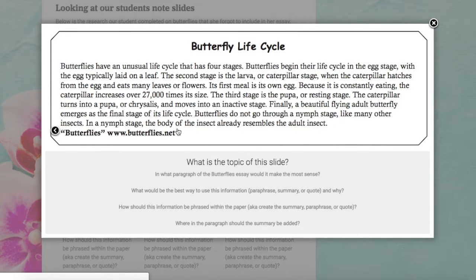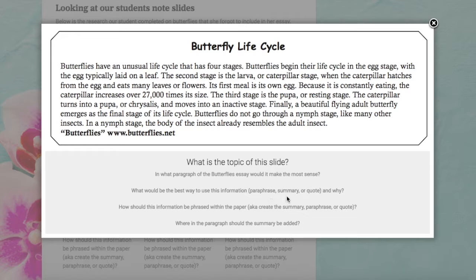So this first piece of research tells us that butterflies usually have an unusual life cycle that has 4 stages, and it breaks it down and tells us all about the 4 stages, okay? To figure out how we're going to use this piece of information, we have to start by deciding what's the topic of this slide. Well, I can tell from the topic sentence that this slide is all about the life cycle of a butterfly, okay?